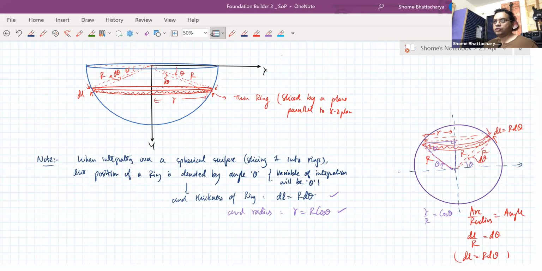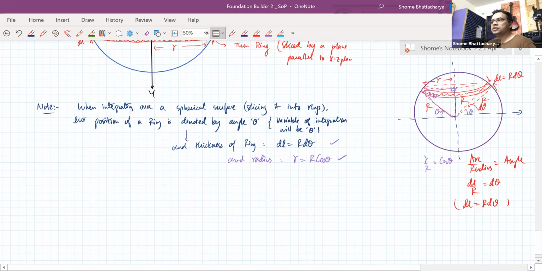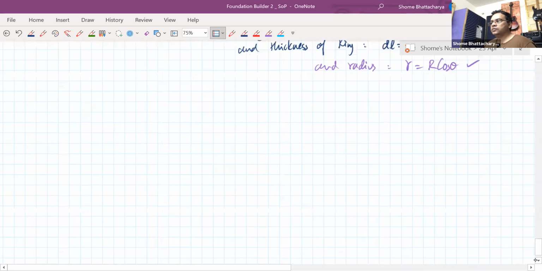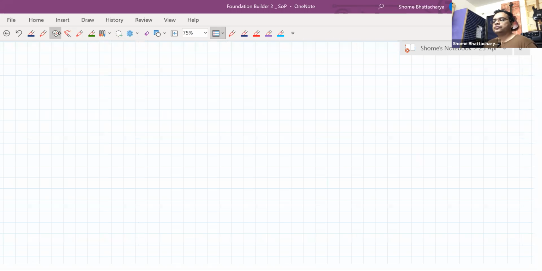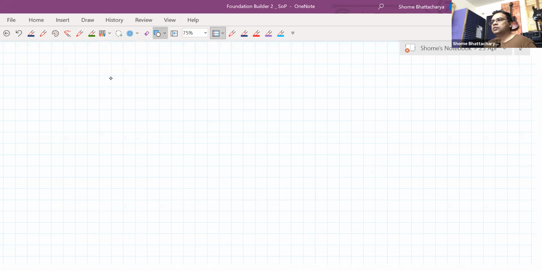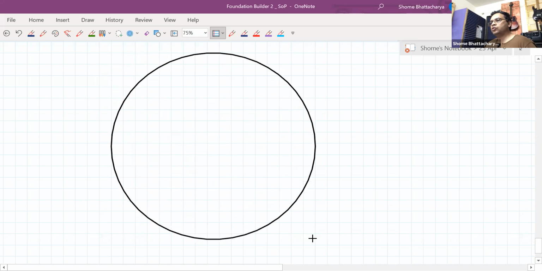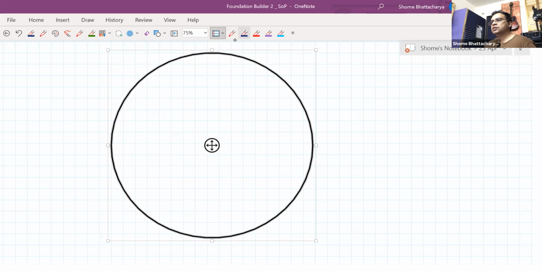Yes, sir. Okay. So before we get into the calculation, I just want to show this geometrical thing once more to understand with clarity. If I'm having a spherical shell like this, you have to understand that this is hollow from inside.